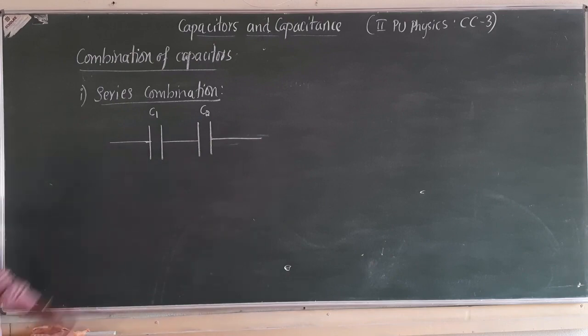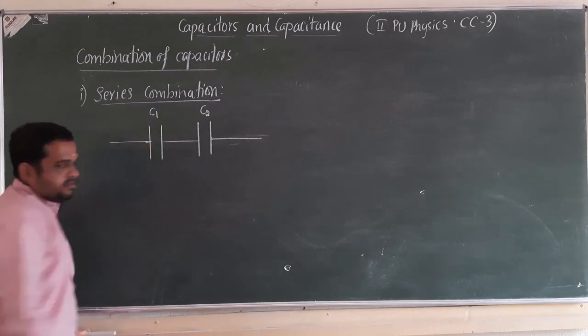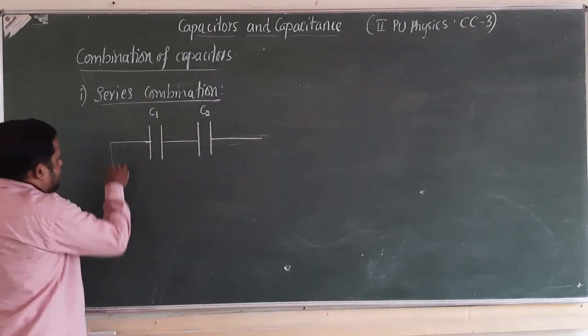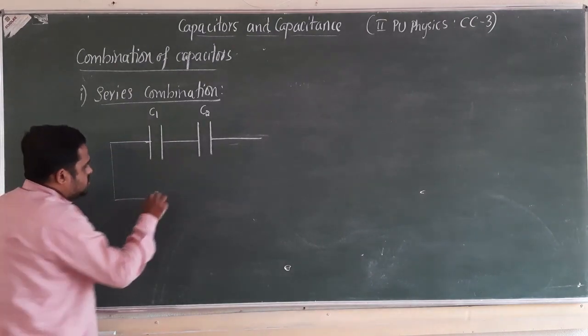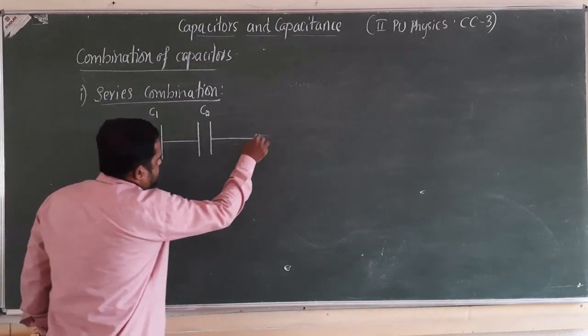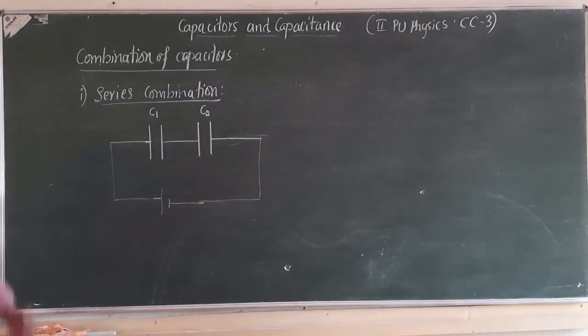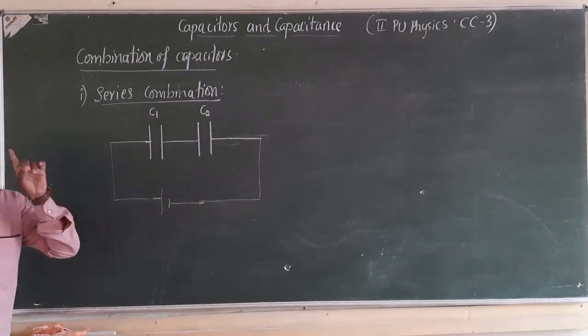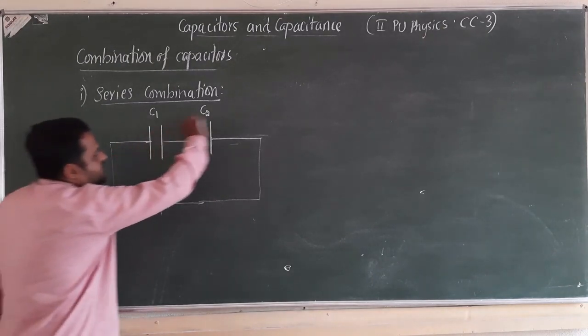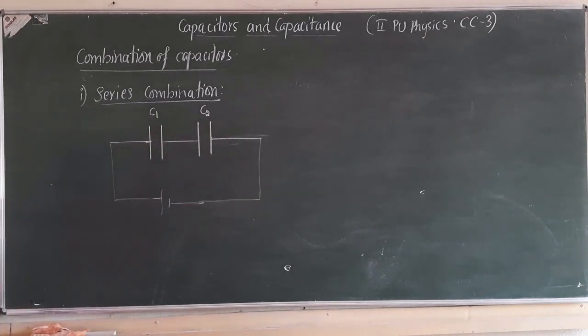Now what is exactly series combination of capacitors? See, in case of series combination, when you connect this series combination to some external battery or external potential difference source, there is only one path available for the flow of charges.